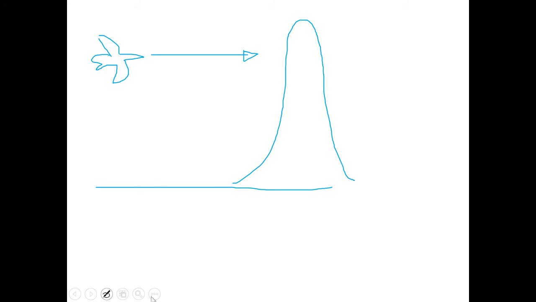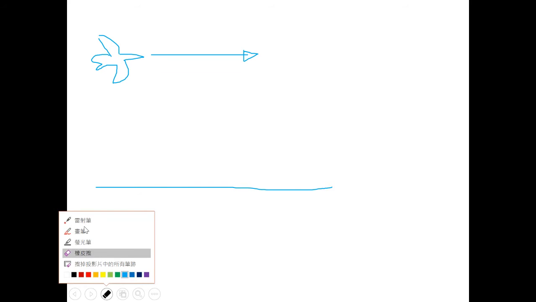However, if the hill is not so high, something like this, and suppose it flies higher than the mountain, then there shouldn't be a problem in the classic world. This small hill shouldn't influence this bird.